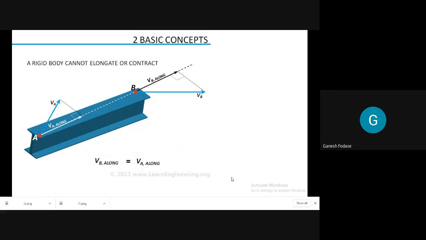This means if we subtract velocity of A from velocity of B, the relative velocity vector will have no component along the connecting line. It will get cancelled. So relative velocity vector will be perpendicular to the connecting line. In short, concept 1 can be simplified as: relative velocity between any 2 points in a rigid body should be perpendicular to the line connecting them.